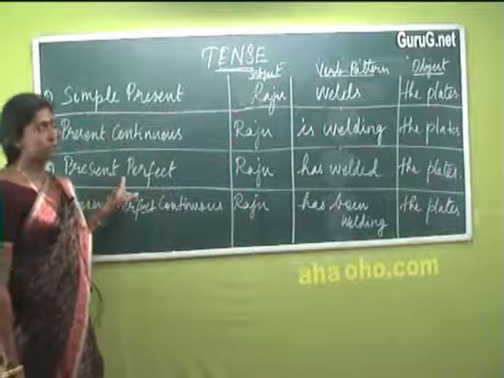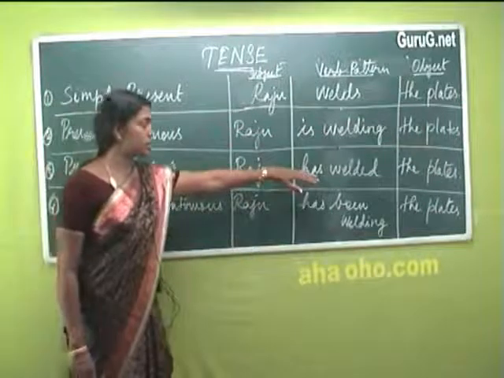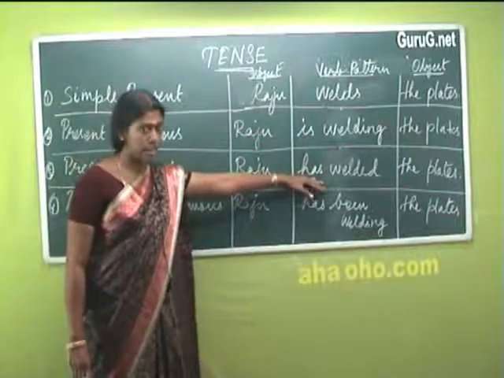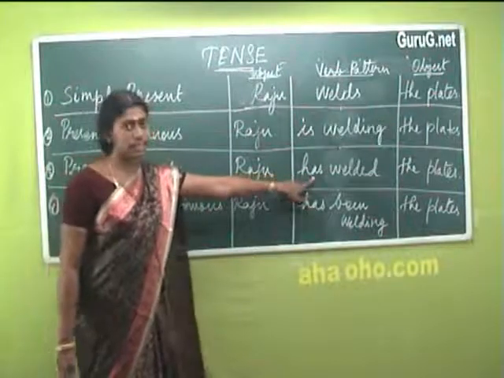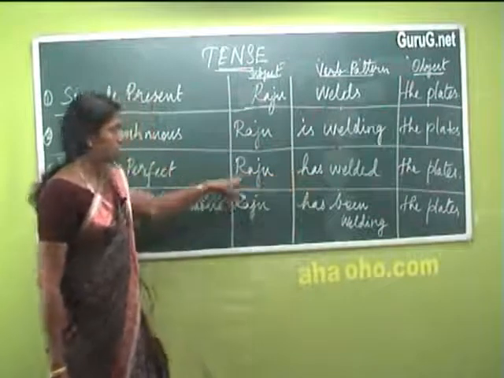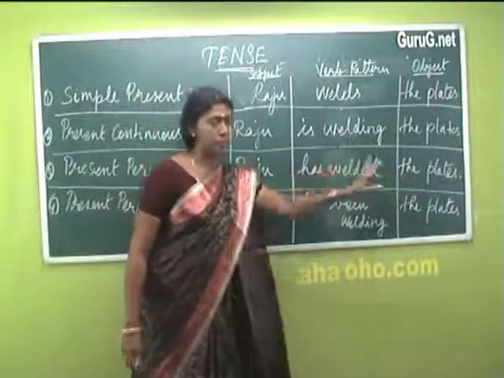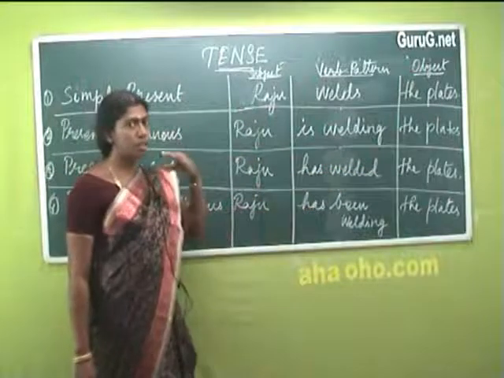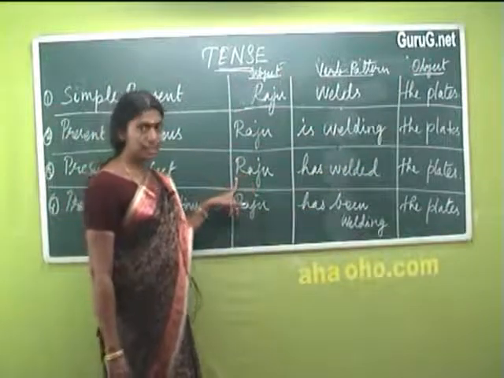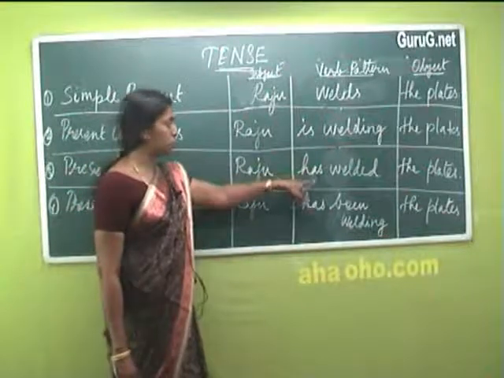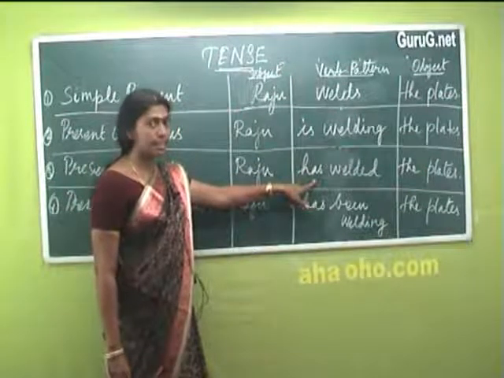As I mentioned already, a perfect tense must have a perfect tense auxiliary in it. Here the perfect tense auxiliary is has. Raju has welded the plates. Here we have to note the subject. The subject is third person singular. So the perfect tense auxiliary is has.